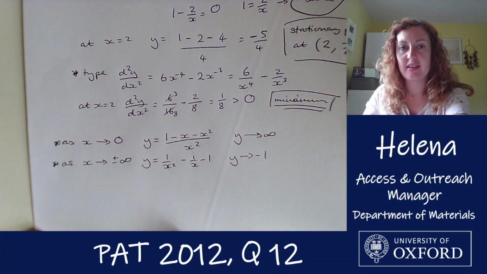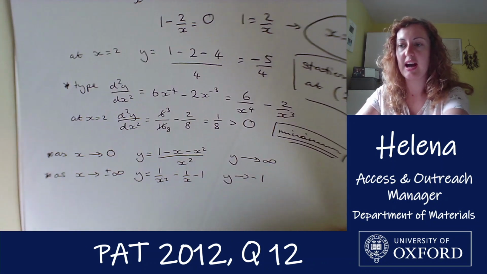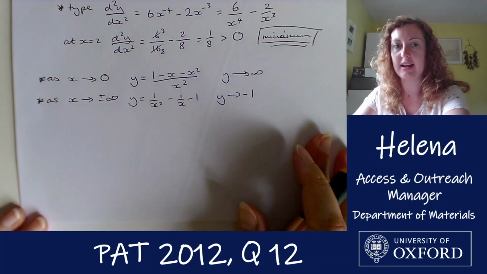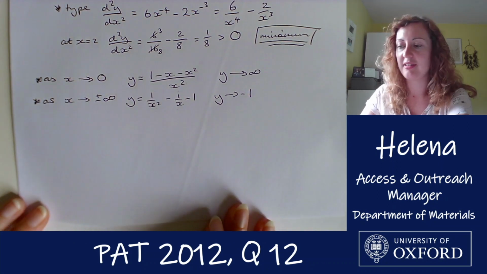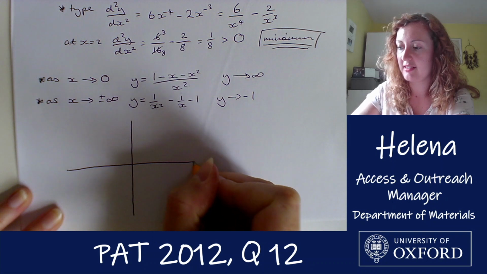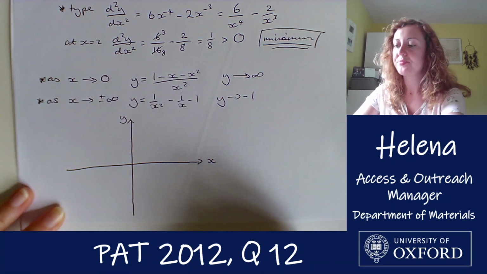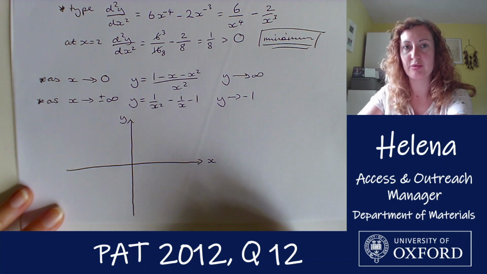So I think at that point, we probably have enough information to have a crack at a sketch. So let's draw our axes here and label them with our x and our y. So what information have we got?